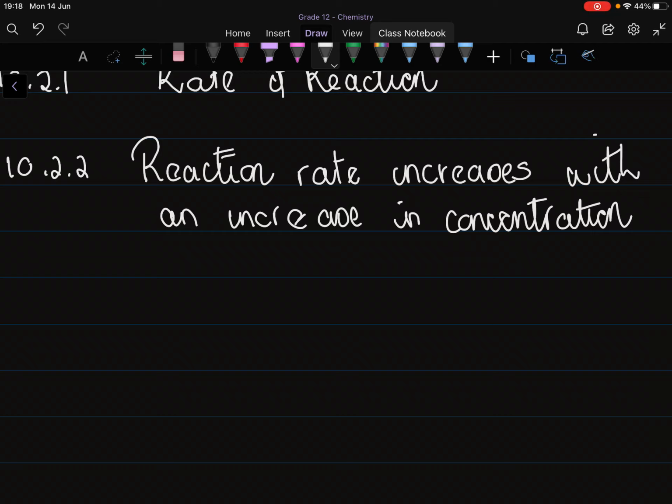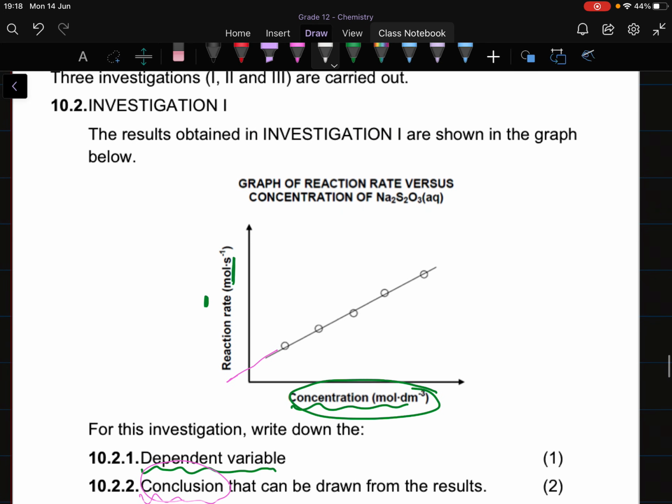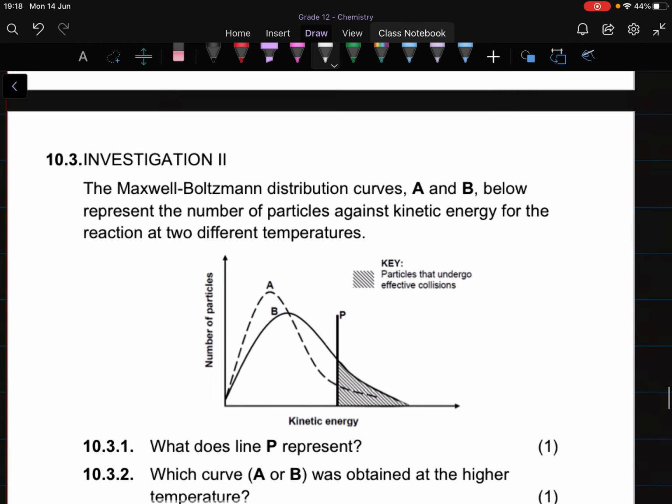So as the concentration increases, the reaction rate increases, but we cannot say they are directly proportional. That's investigation 1, done.